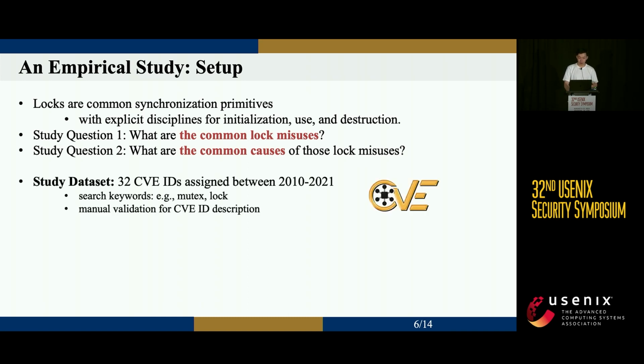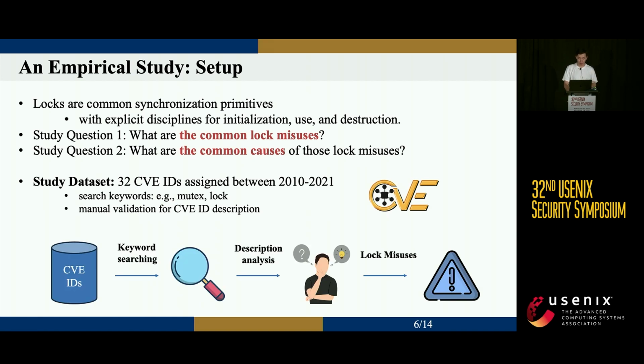We searched the CVE database with the keywords mutex and lock and examined the corresponding vulnerabilities and their descriptions. Then, by focusing on misuse of the lock API, we were left with 32 CVE IDs to study, making two important findings.